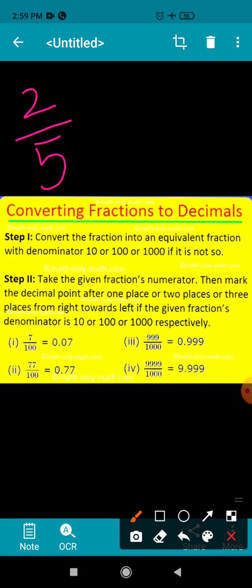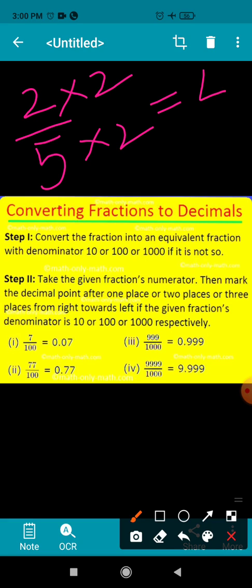In this example, denominator is not 10, 100 or 1000. So, you will change this in equivalent fraction with denominator 10, 100 or 1000. So, for that what you will do? You will multiply numerator and denominator by 2. That I had told you earlier. Now, so the equivalent fraction of 2 by 5 will be 4 by 10.